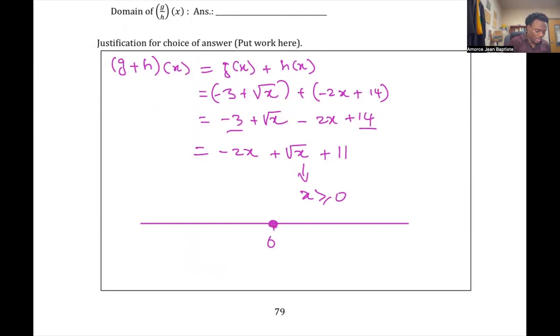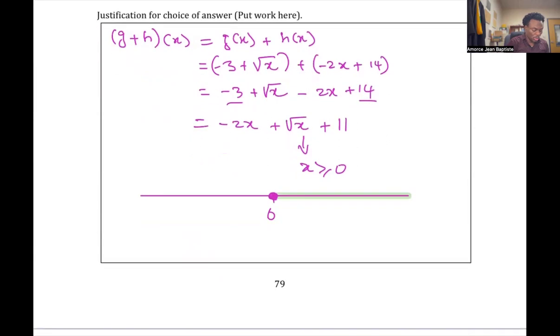It will be everything on the right side of 0, from 0 to positive infinity. So your domain for g plus h will be from 0 included to positive infinity. Otherwise, numbers that are less than 0 would give you an expression that does not exist.